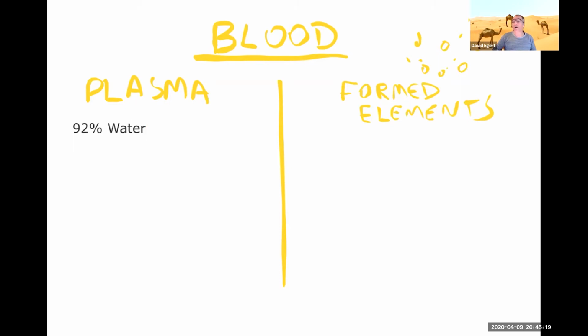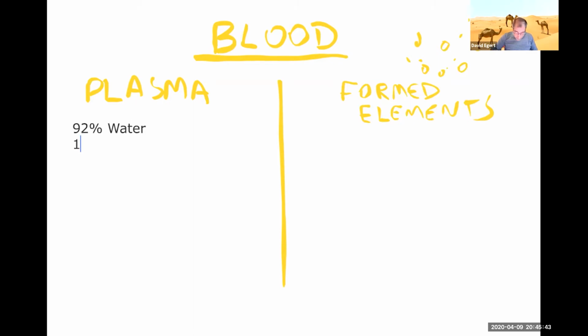And then obviously it's got dissolved nutrients and wastes. It's got the glucose or whatever that you're trying to deliver to your body. But it doesn't take up a lot of volume. If you think about it, if you have a glass of coffee and you put in a spoonful of sugar, it doesn't really make the volume change much.